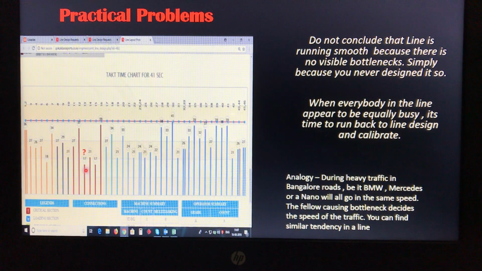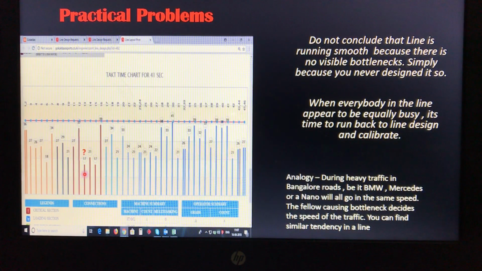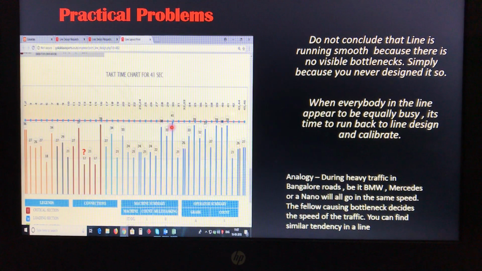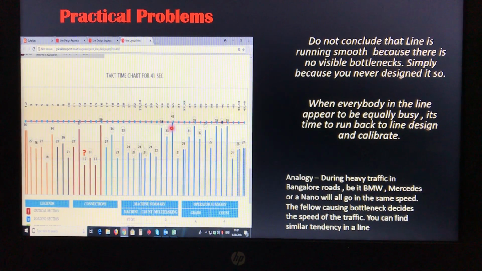For example, this operator has a SAM of 17 seconds, the least in the entire line, which means that this person should be very relaxed in the line, or this person should be waiting for work. And on the other side, this operator who's at 41 seconds will be very busy, the busiest operator in the entire line.